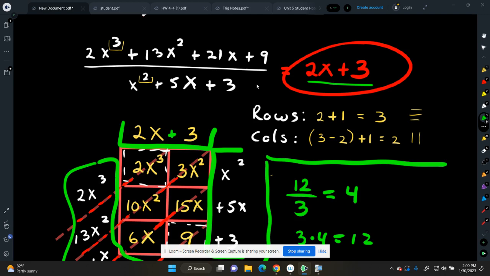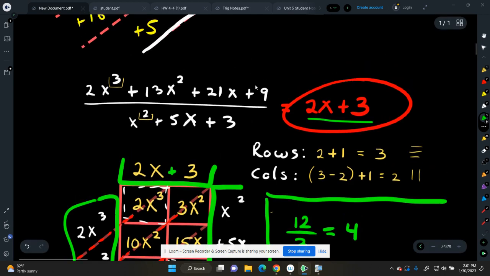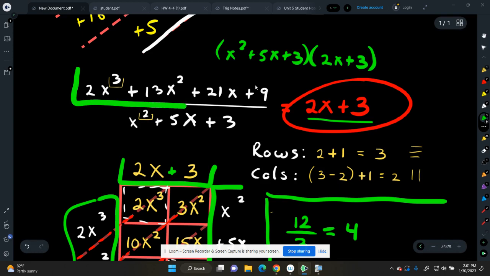When we divide and we get an answer like this, that means I now know that x squared plus 5x plus 3 times 2x plus 3 equals 2x cubed plus 13x squared plus 21x plus 9.